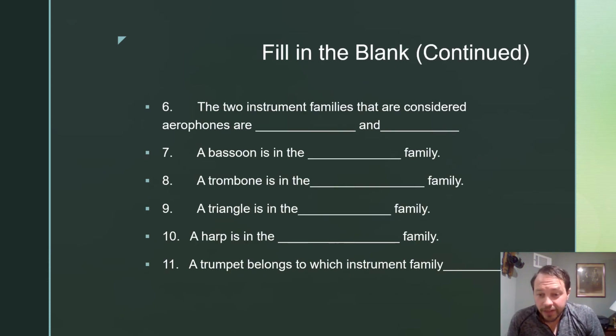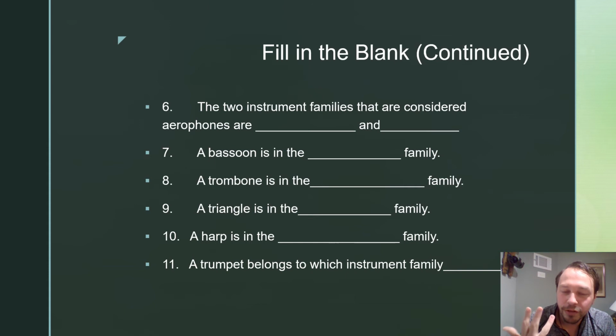We have some more fill in the blanks. Okay, the 2 instrument families that are considered aerophones are blank and blank. Now there is only one correct response to this. Think of the 4 instrument families. What are they? Strings, percussion, brass, and woodwinds.